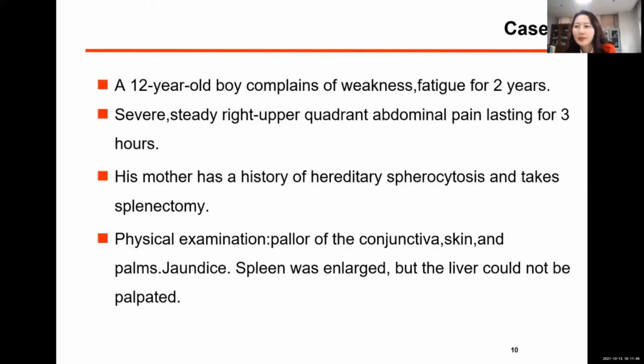On physical examination, he appeared very pale with slightly icteric skin. His spleen was enlarged, and the liver could not be palpated. His mother has a history of hereditary phagocytosis and had a splenectomy.